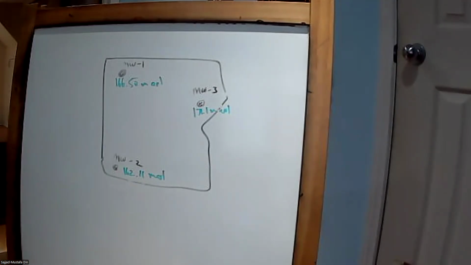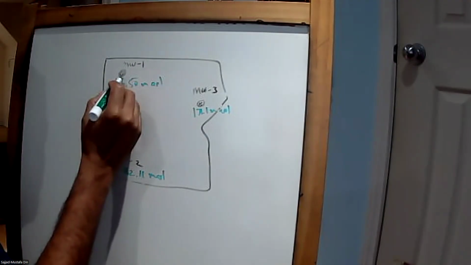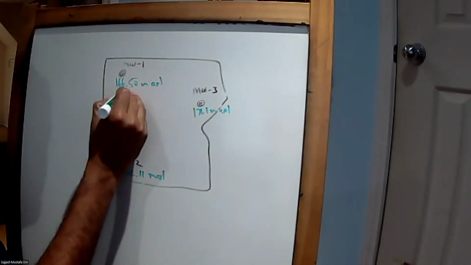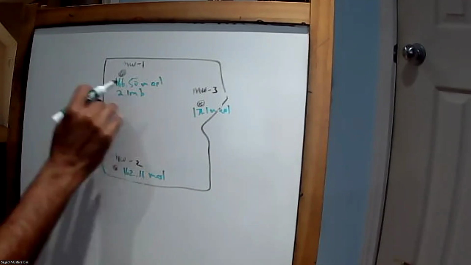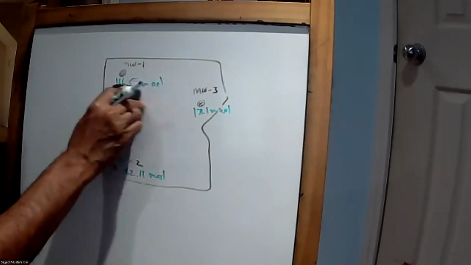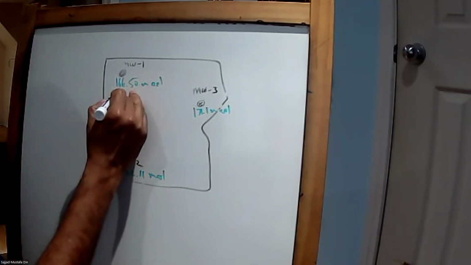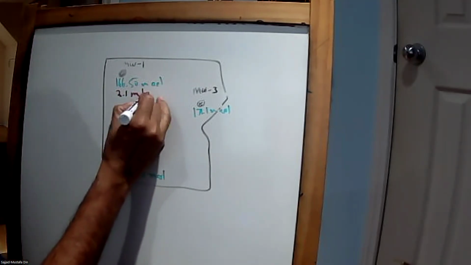But when you measure the water from the ground surface, you get the depth of water here. Let's say it was 2.1 meters below grade, BG.